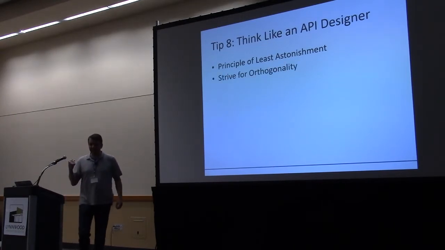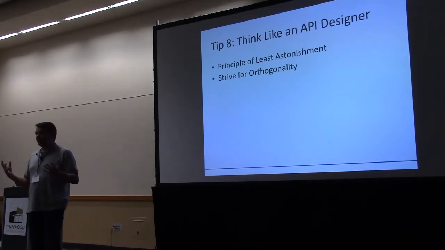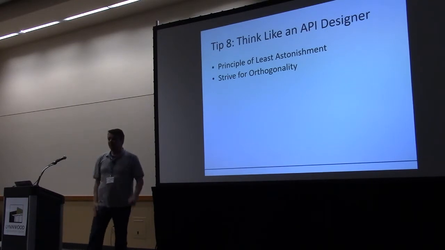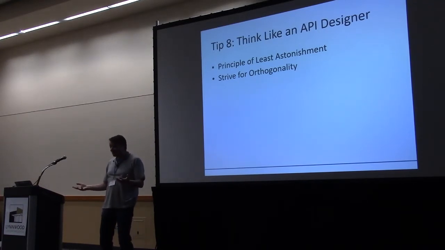Strive for orthogonality. What do I mean by that? Well, if you think of a helicopter, has anyone ever flown a helicopter? Hey, got one. So, if you have a helicopter and you're hovering and you move, what happens if you just move one control and leave everything else the same? I mean, sure, it's going to depend, right?